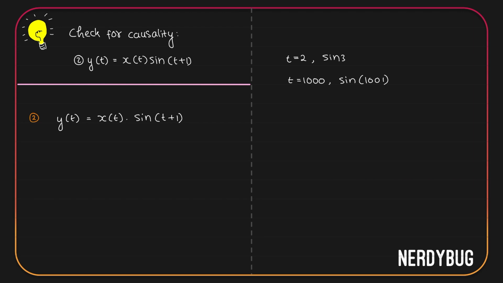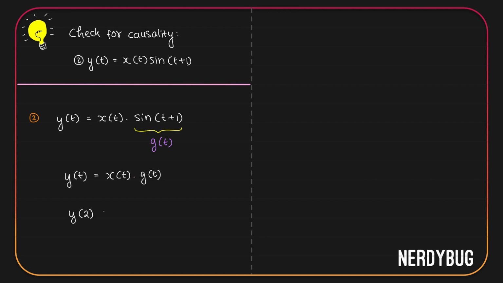So this is a tricky question. And sine of t plus 1 is actually just a function of t. We can call it g of t. The equation can be simplified like this: y of t is equal to x of t multiplied by g of t. For example, to get y of 2, the system needs x of 2 and g of 2.